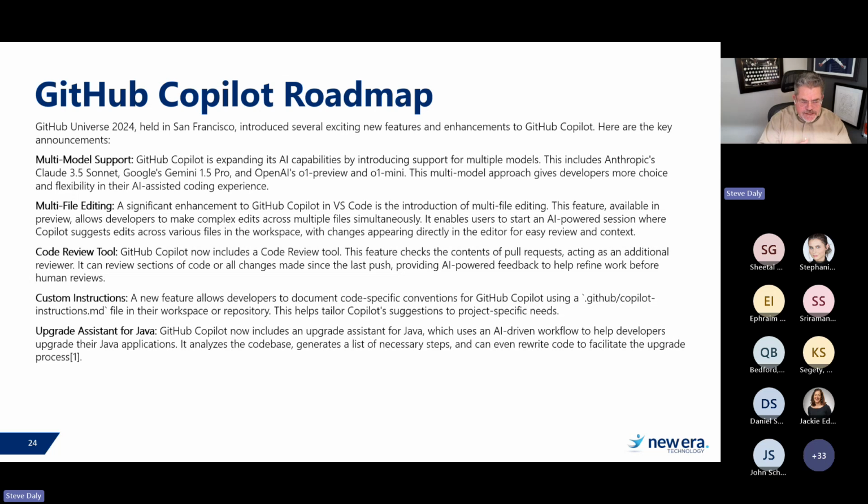One interesting one is the code review tool. This is something that you'll see in GitHub Enterprise or github.com. When a PR comes in, you can now automate and have GitHub Copilot be a reviewer. So you might have that be your first reviewer in a pull request review before it goes out to other people.